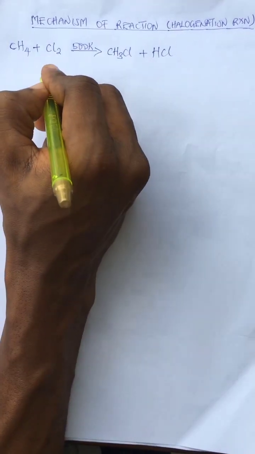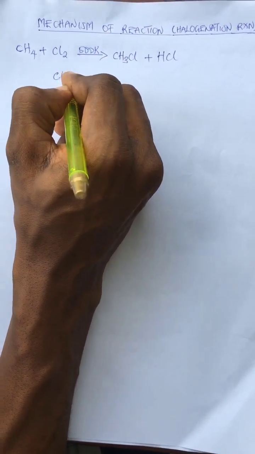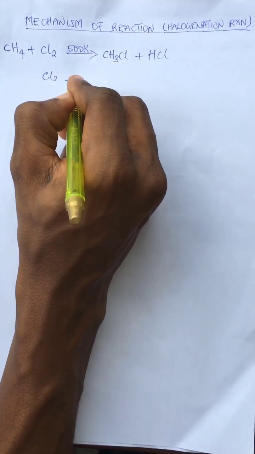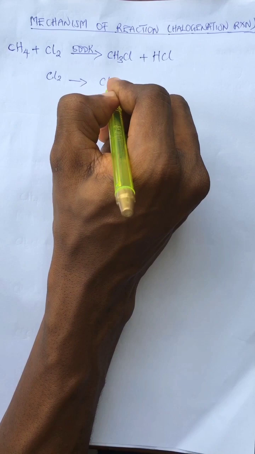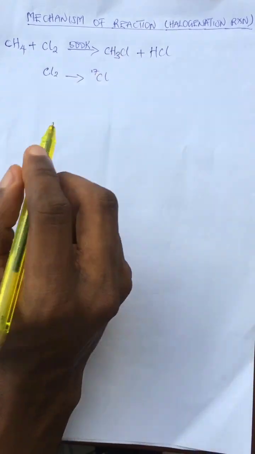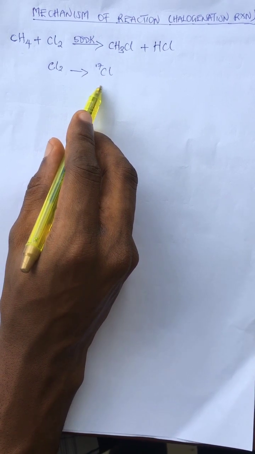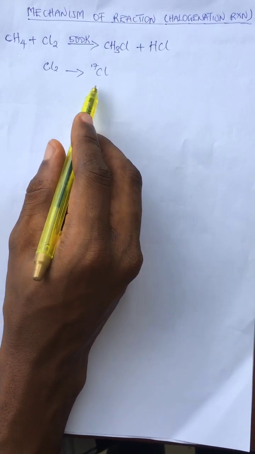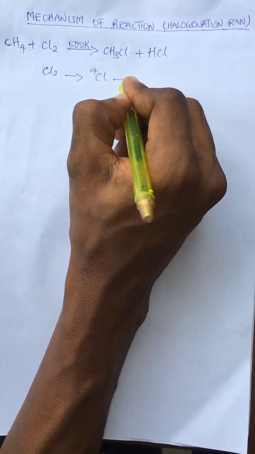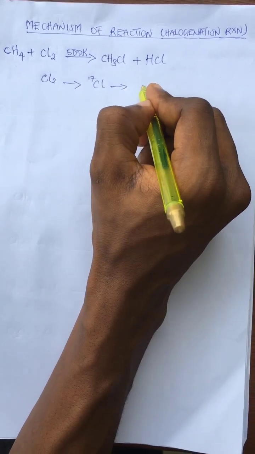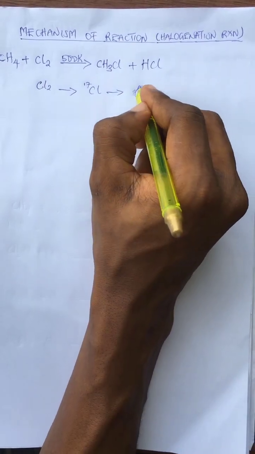First of all, let's consider chlorine. Chlorine is diatomic. Why is it diatomic? Because we all know chlorine has an atomic number of 17. Having an atomic number of 17 makes chlorine's outermost shell not complete. So the outermost shell of a chlorine atom has 7 electrons.